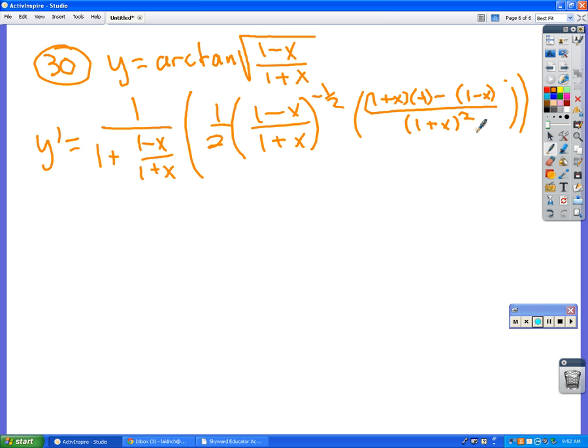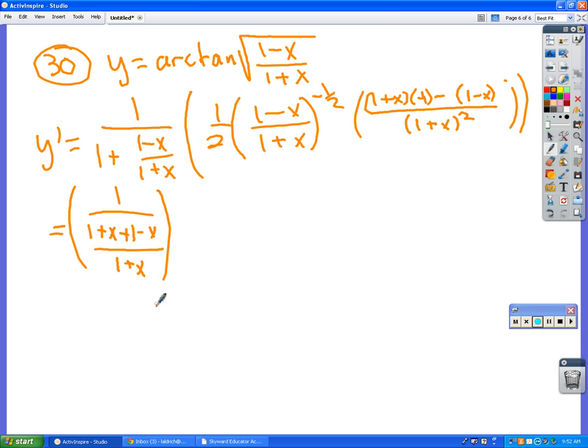Yeah, let's simplify it. I'm going to get a common denominator here. So this is going to be 1 plus x plus 1 minus x, all over 1 plus x.